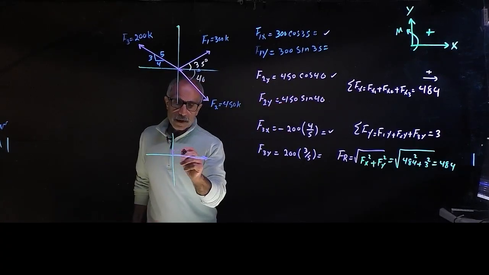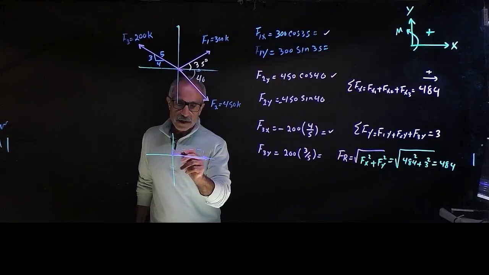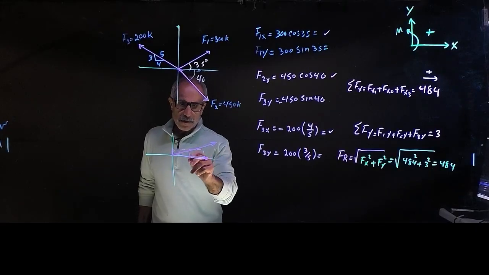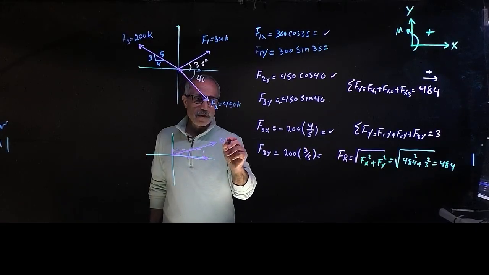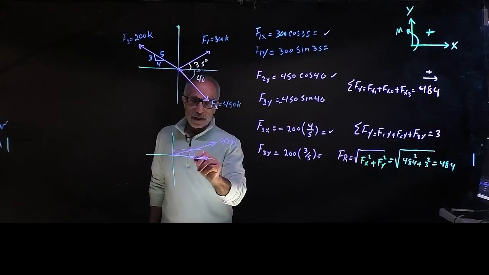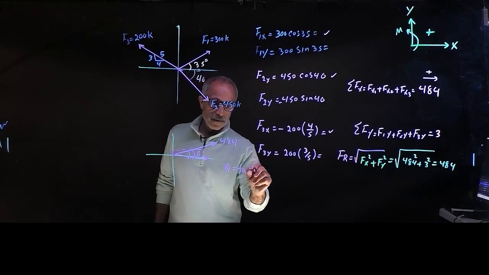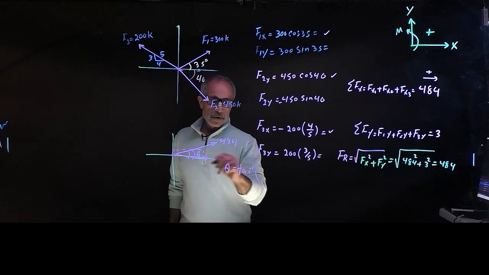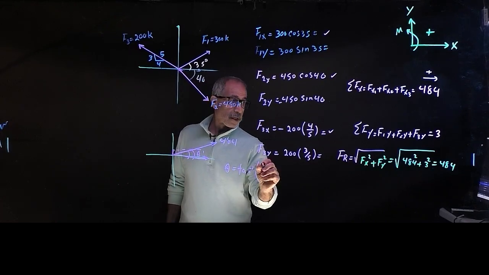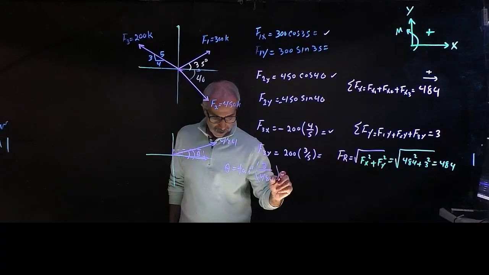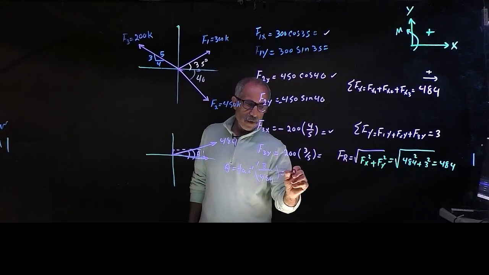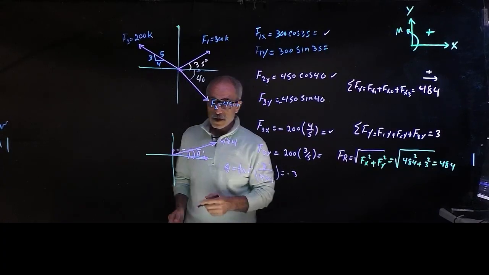So it's going to be like this, a very small angle. That's 484. So theta right here is equal to tangent inverse of the y portion, which is 3, divided by 484, and that's a very small angle. I don't know what I got. I think I got like 0.3 something. You can go ahead and figure that out too.